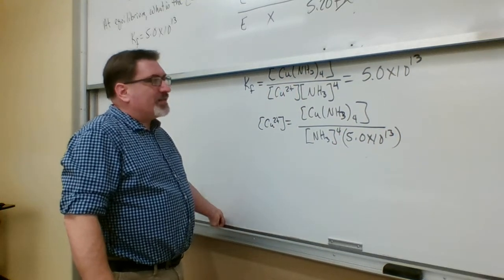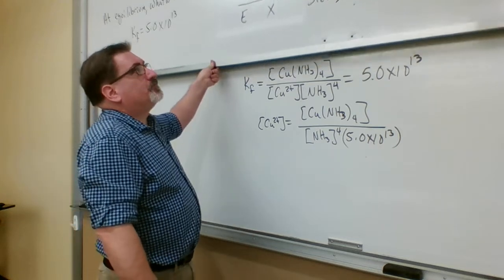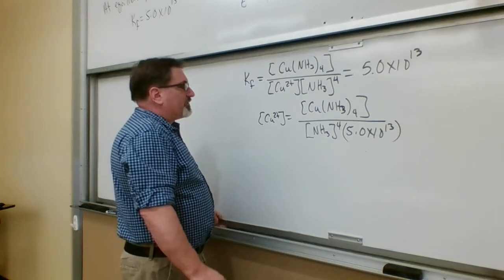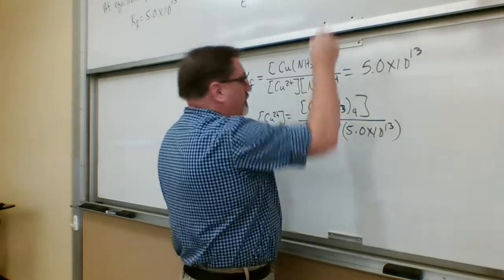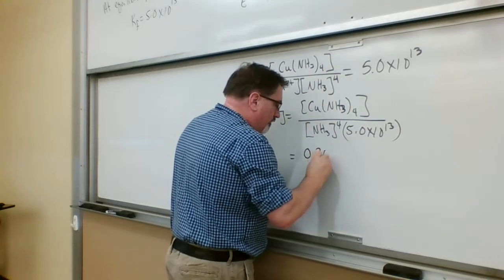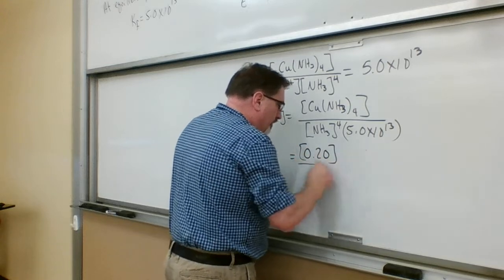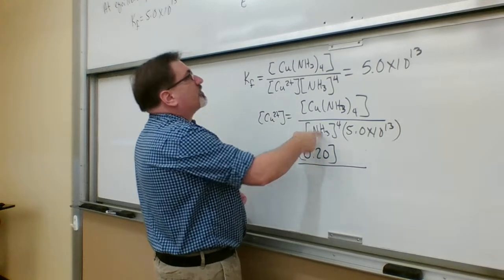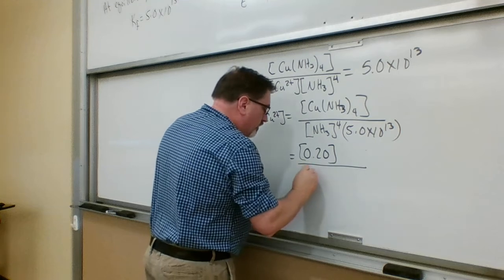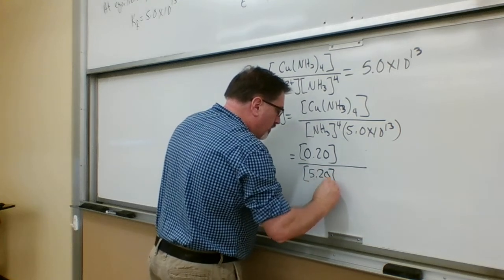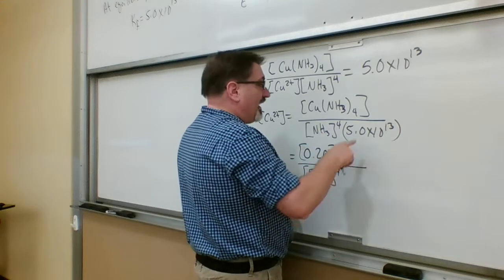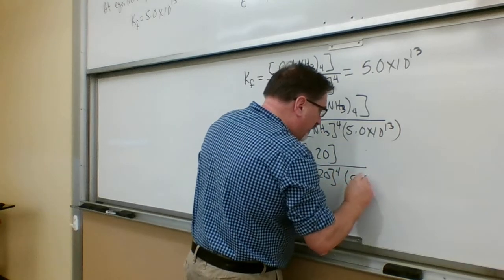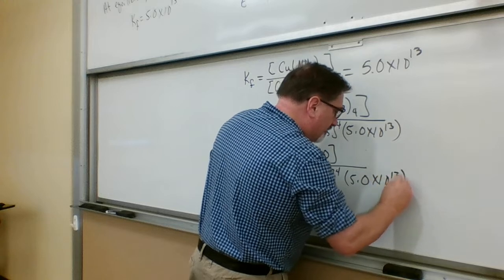Now we can plug in the numbers out of our ICE table. The concentration of Cu(NH3)4 2+ was 0.2 molar, divided by NH3, which was 5.2 molar, raised to the fourth power, times Kf, 5.0 times 10 to the 13th.